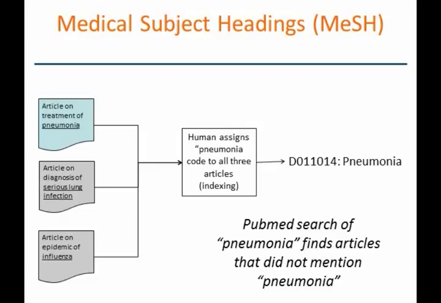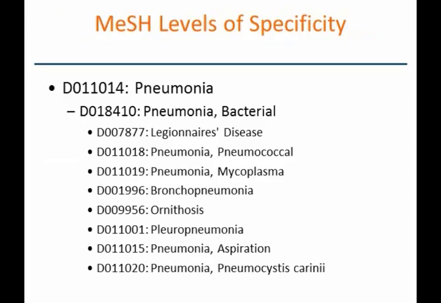Now, what's interesting is only one of those 3 articles actually has the word pneumonia in it, but a human will assign the code of D011014 pneumonia to all 3 articles, because the human will know that influenza discussion relates to pneumonia and diagnosis of serious lung infection. And as a result of this code, a PubMed search of pneumonia will find all 3 articles, even though 2 of them did not mention pneumonia. So MeSH is another terminology, very powerful. It drills down as well.